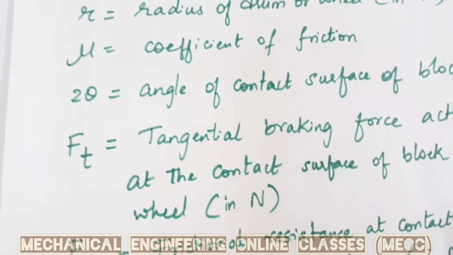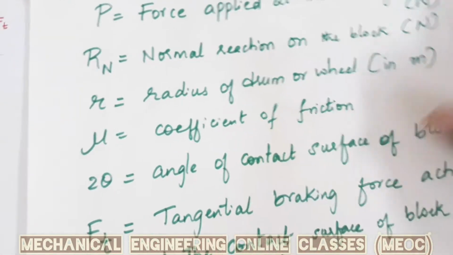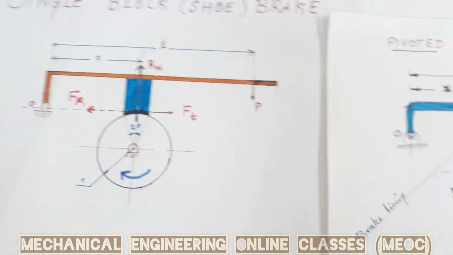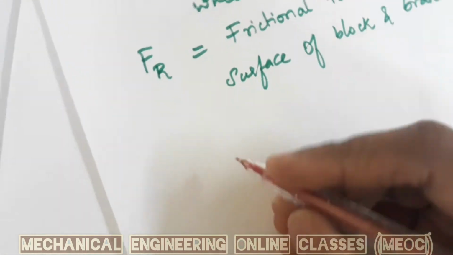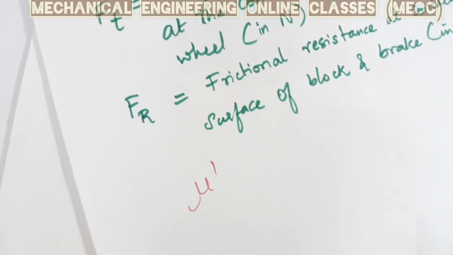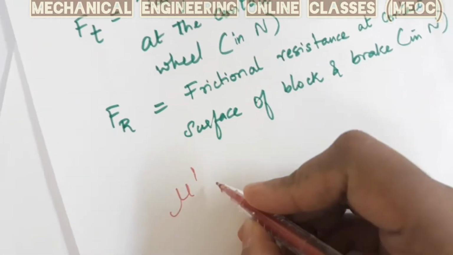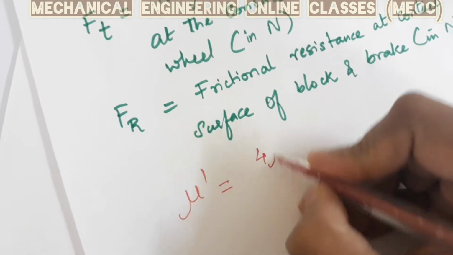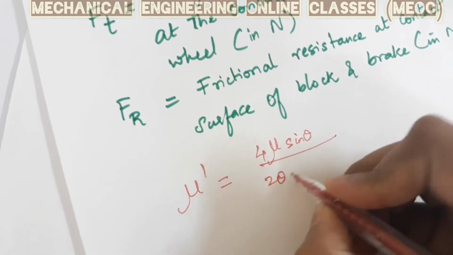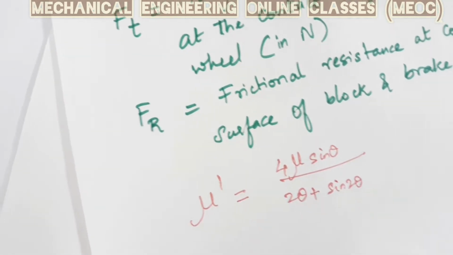But the difference is that here mu will not be the mu like that of a simple shoe brake. Here we will have a modified coefficient of friction, mu dash, which is a function of mu, the actual coefficient of friction, and that is given by 4 mu sin theta by 2 theta plus sin 2 theta.